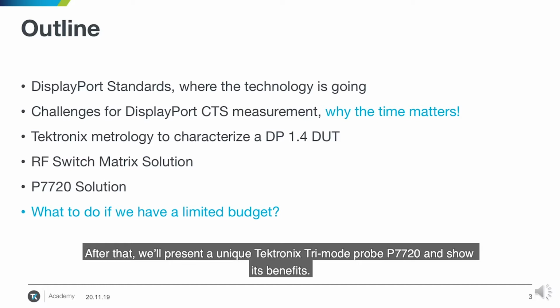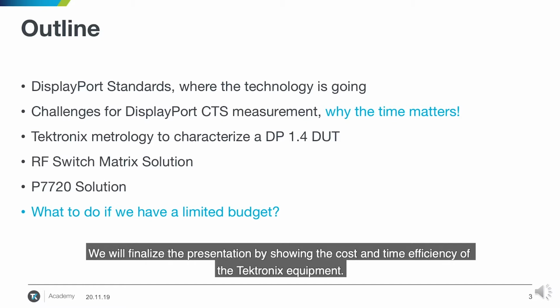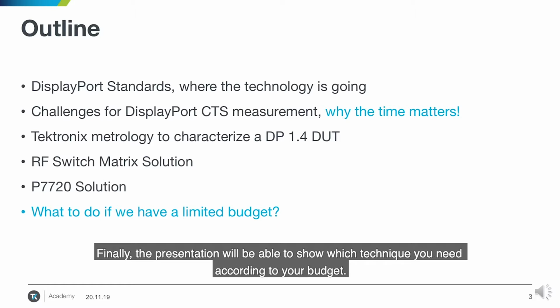After that, we'll present a unique Tektronix tri-mode probe P7720 and show its benefits. We will finalize the presentation by showing the cost and time efficiency of the Tektronix equipment. Finally, the presentation will show the attendees which technique they need according to their budget.